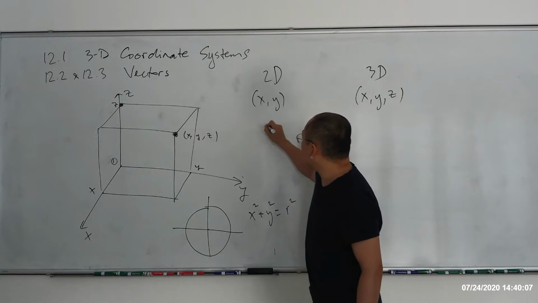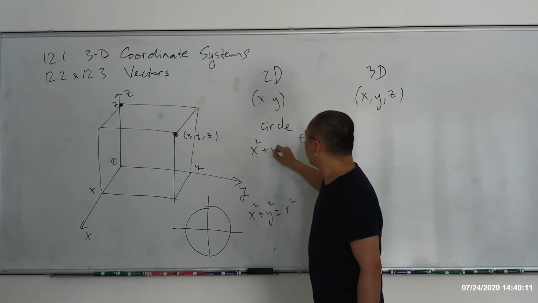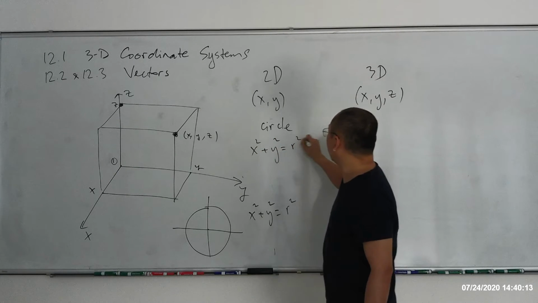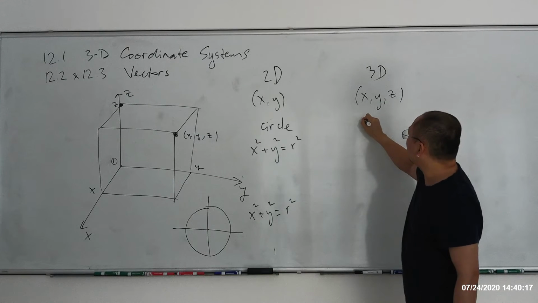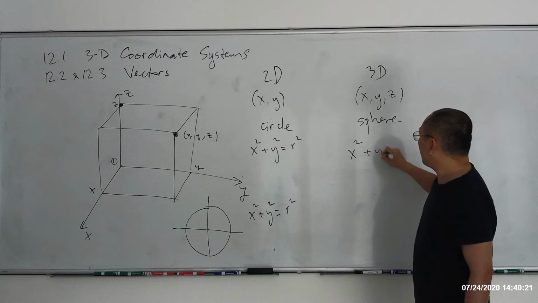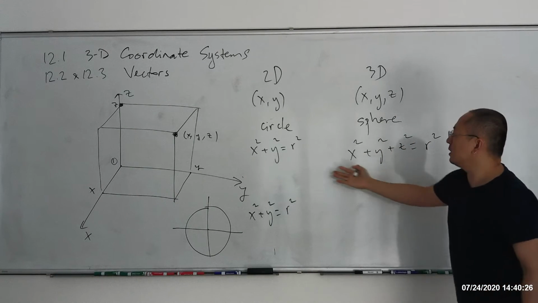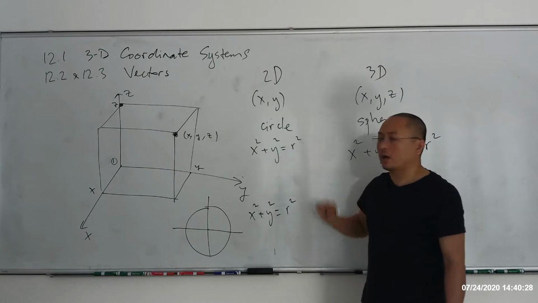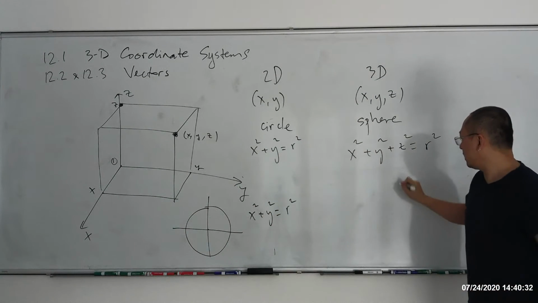So let me write here, circle: x squared plus y squared equal to r squared. 3D is going to be a three-dimensional object. You have something called a sphere. Sphere is what? X squared plus y squared plus z squared equal to r squared. This is a circle, centered at the origin, radius r, a flat circle like a dish. And this is a sphere. It's like a ball.